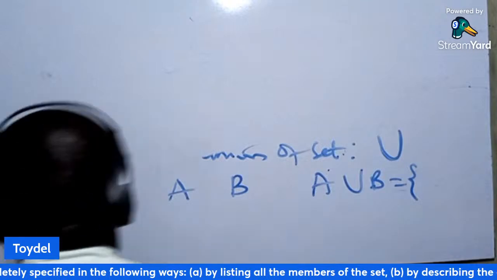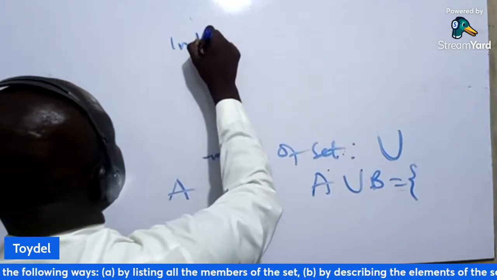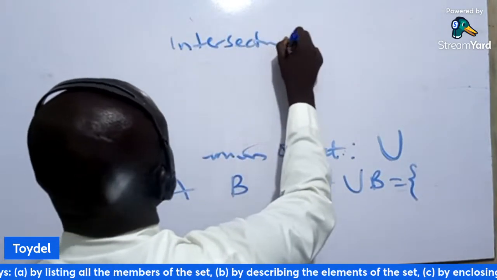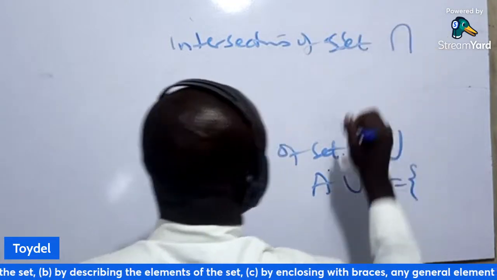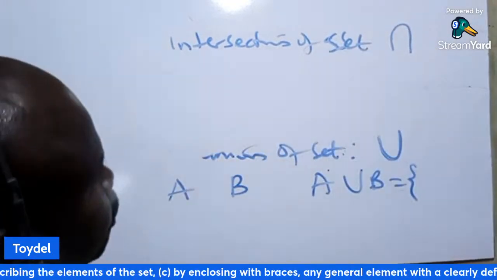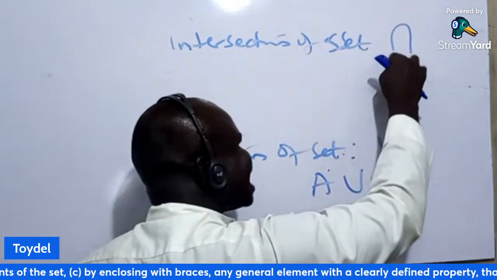Union simply means or, or both. That's the simple interpretation of the union of sets. Then we also have what is called the intersection. The intersection of sets is denoted just like an inverted symbol for union. Intersection simply means and.